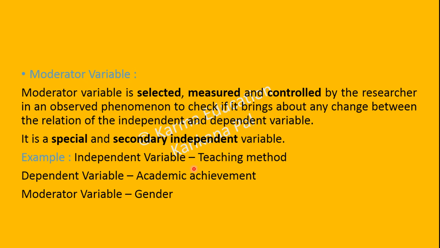For example, independent variable as teaching method, dependent variable academic achievement, moderated variable is gender, right? So this is the variable which is selected, measured and controlled by a researcher.